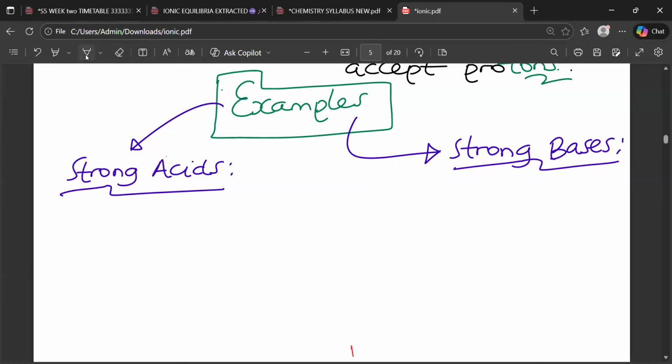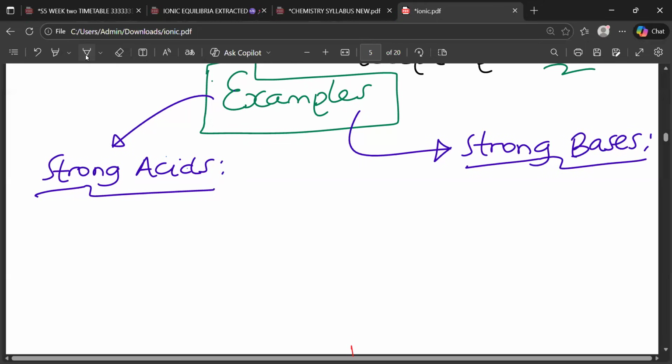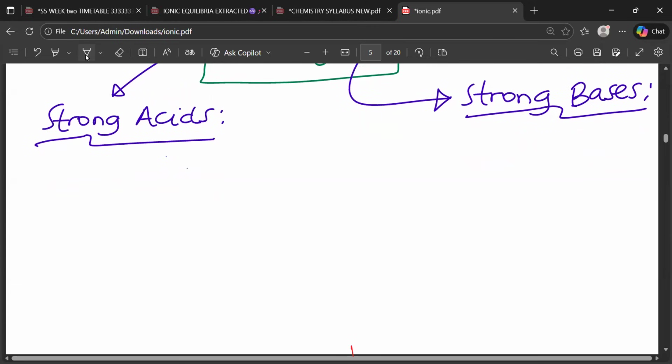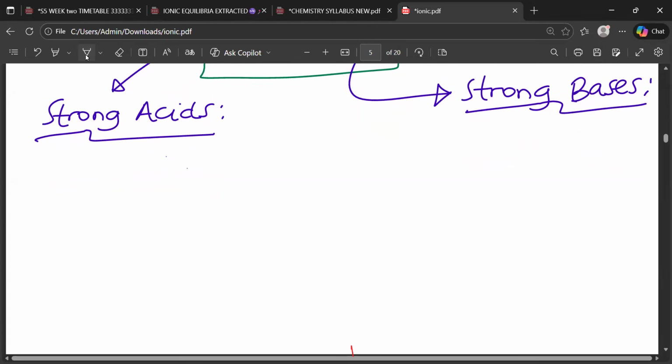We have chloric 7 acid. Then the strong bases. We have all the hydroxides: potassium hydroxide, sodium hydroxide, barium hydroxide. Then we have also lithium hydroxide.